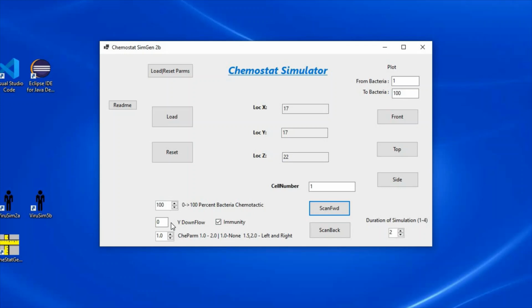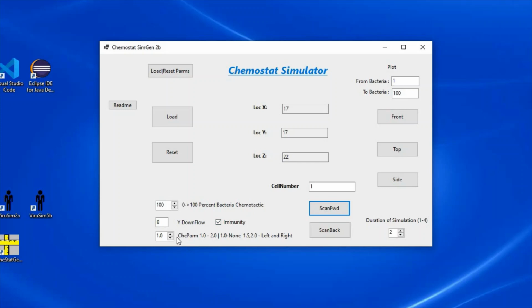We have Y downflow, which is when we had the chemostat in front of us. That's the flow of the fluid through the chemostat simulator. Immunity affects the ability of the chemostat simulator to kill the bacteria, basically. And people supposedly have immunity to bacteria in their gut.